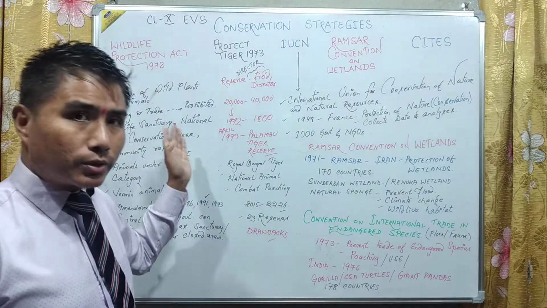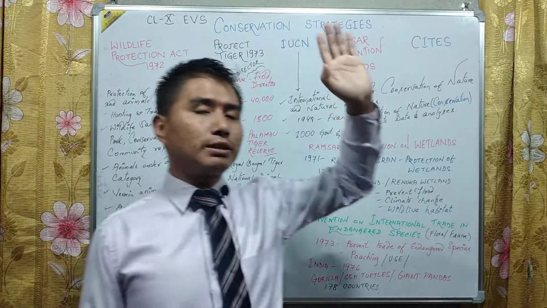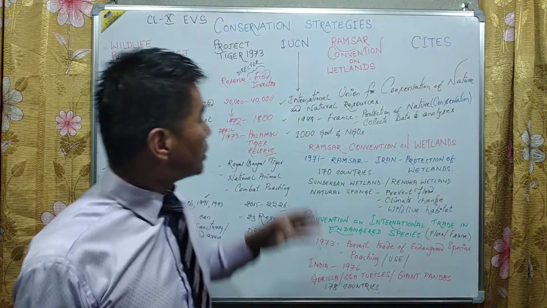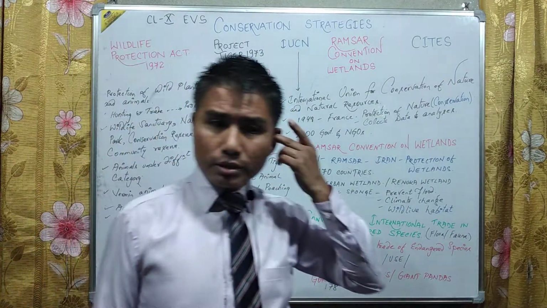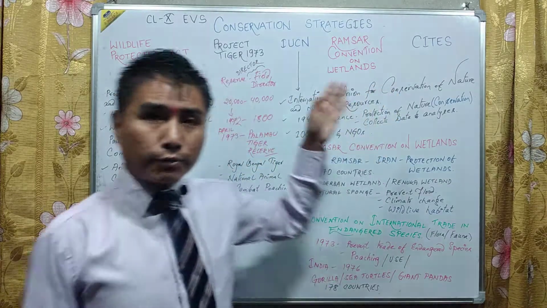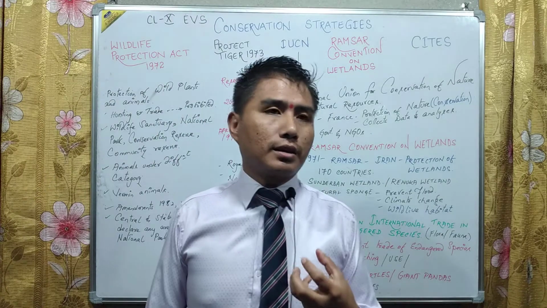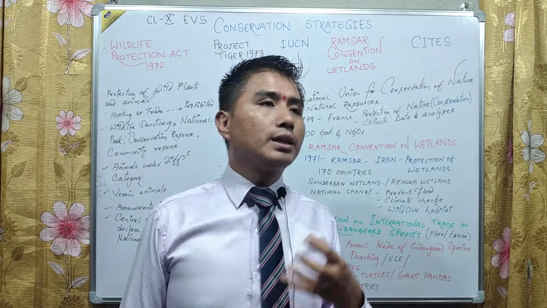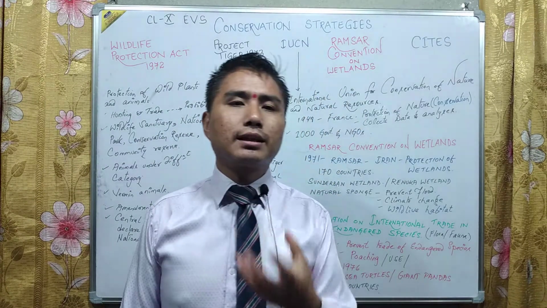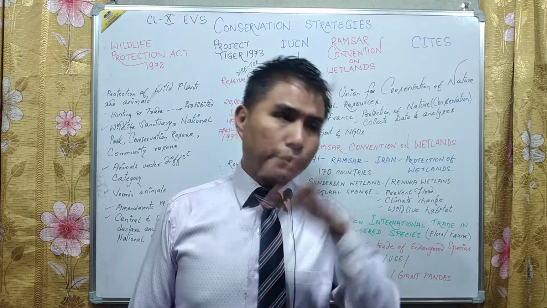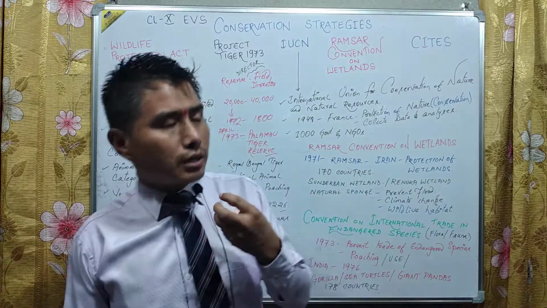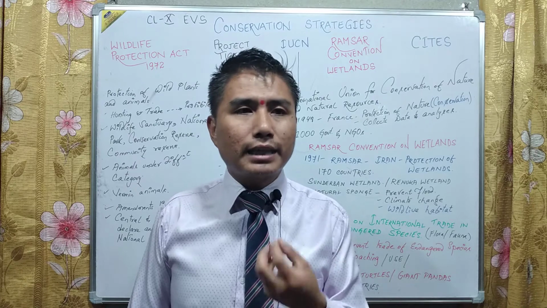Under that act only, Project Tiger was initiated in 1973, because of tiger reserves. From Project Tiger, and after 1972, the tiger, especially the Royal Bengal tiger, was considered the national animal of our country, India. Before that, there was the Asiatic lion that we have in Gir.